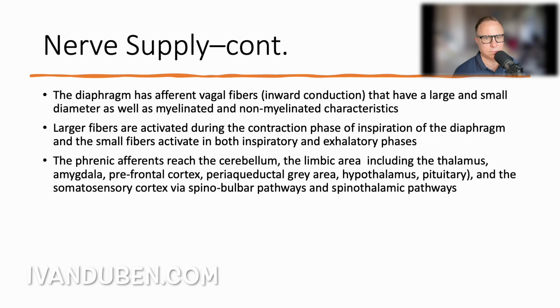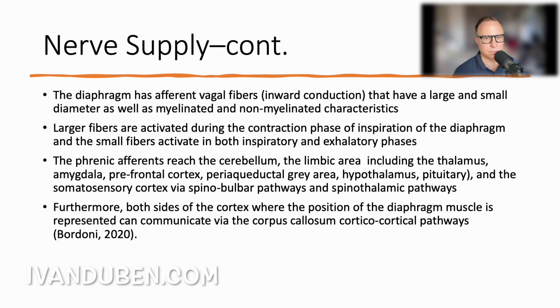The phrenic afferents reach the cerebellum, the limbic area, including the thalamus, amygdala, prefrontal cortex, periaqueductal gray area, hypothalamus, pituitary, and the somatosensory cortex via spinobulbar pathways and spinothalamic pathways. Furthermore, both sides of the cortex, where the position of the diaphragm muscle is represented, can communicate via the corpus callosum and cortical pathways. That's according to Bordoni.